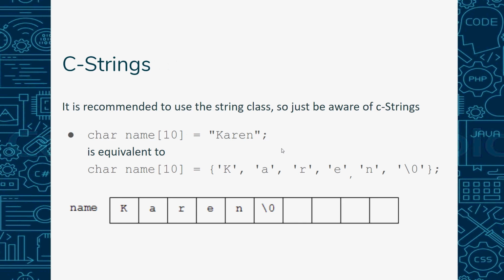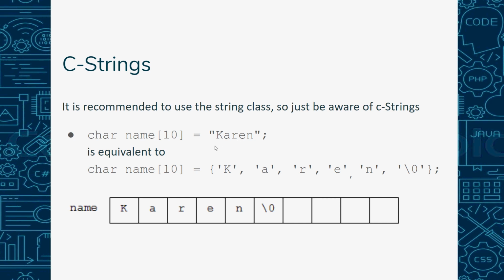However, there are times when you may need to use a character array to represent a string. So if you're ever sending information back to the operating system, that would require a character array. Not that you will ever need to do that in this class, but just so you are aware that that exists. Character array. I could set this character array equal to Karen. You want to make sure your character array is larger than or the same size as the value you have.